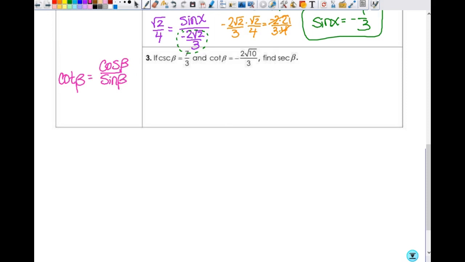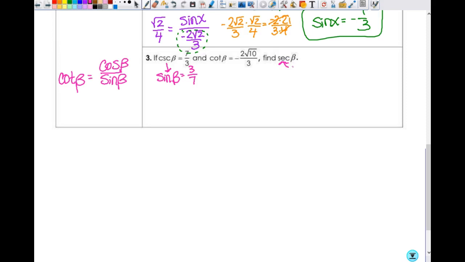But cosecant is the reciprocal of what? Sine. So I can make this sine of beta is equal to 3/7. Right? It's just the reciprocal of it. And then I can use the sine and the cotangent to find cosine, and then cosine can lead me to secant. Does that make sense to you?